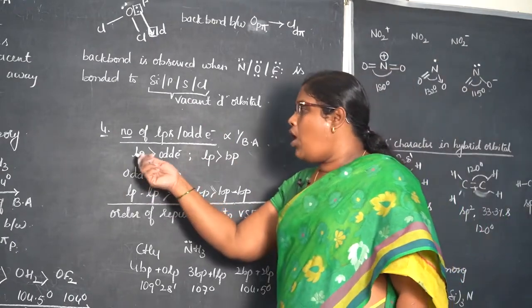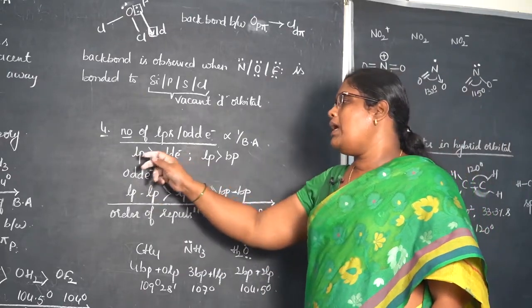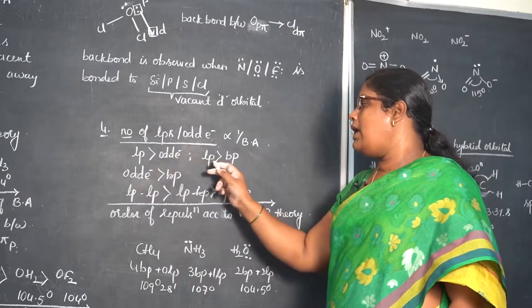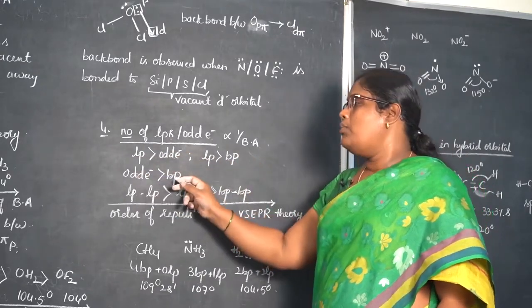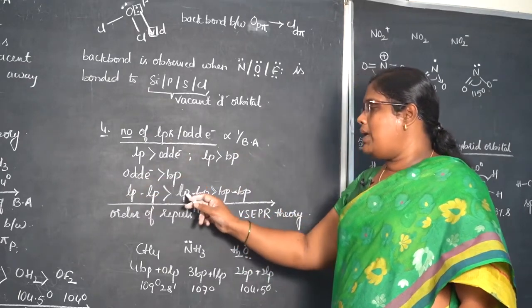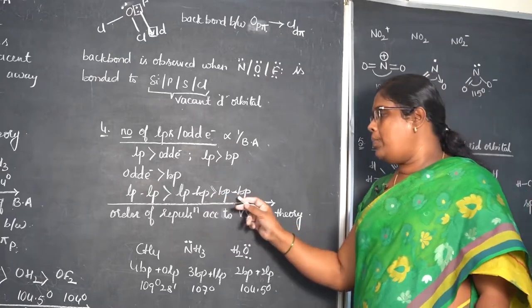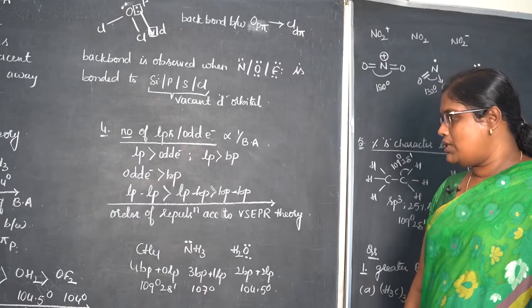If you see the order of repulsions according to VSEPR theory, a lone pair has more repulsion than an odd electron, an odd electron produces more repulsion than a bond pair. Lone pair-lone pair repulsions are stronger than lone pair-bond pair repulsions, which are stronger than bond pair-bond pair repulsions.